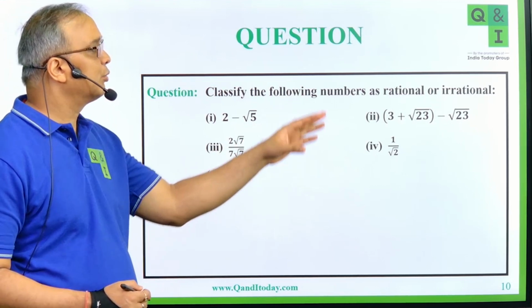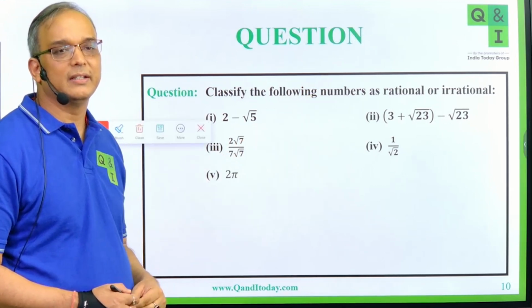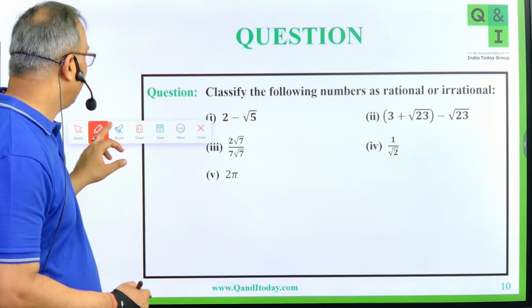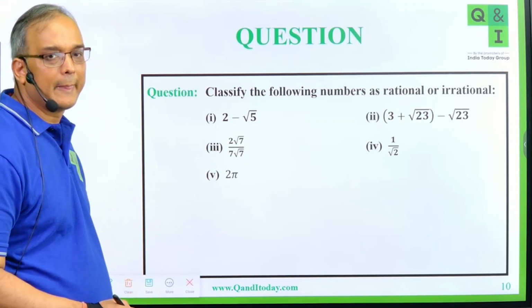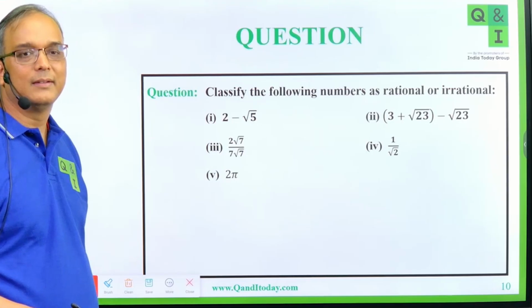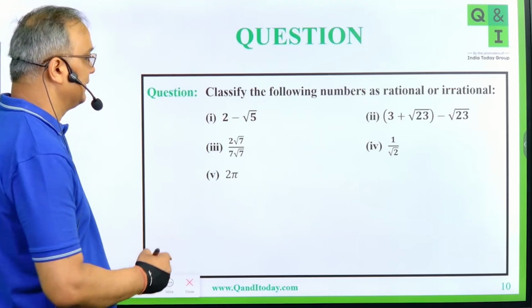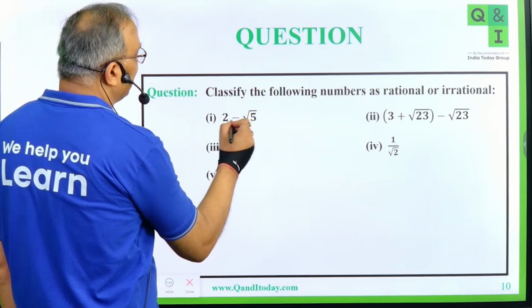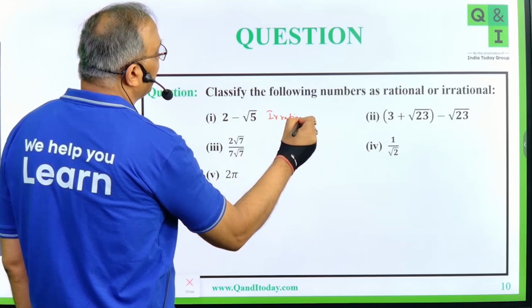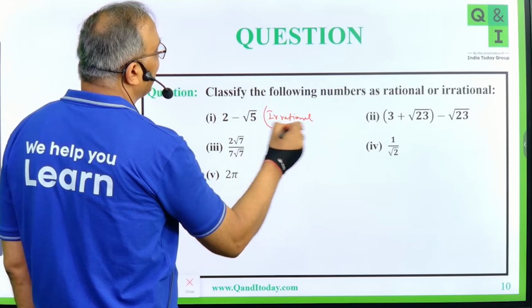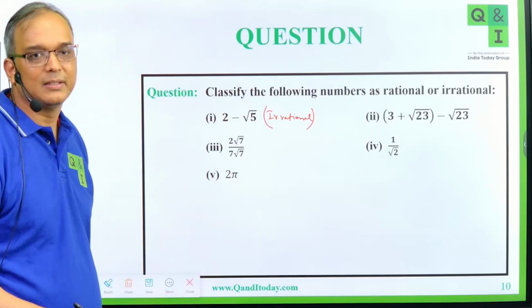Three plus root 23 minus root 23. Is it rational or irrational? So the first one, we know that 2 minus root 5 is irrational, because when you subtract an irrational from a rational, you get an irrational number.